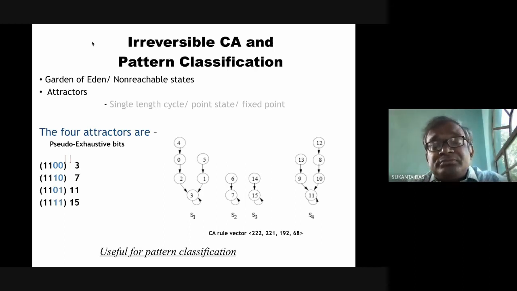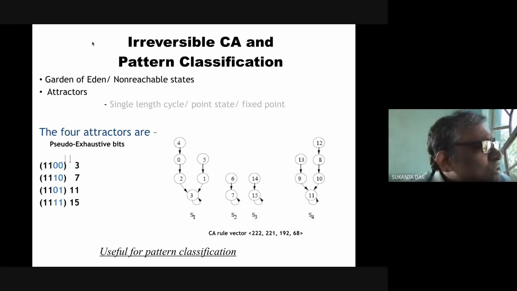So in this way, this kind of irreversible CA, we call multiple attractor. Its name is multiple attractor cellular automata. This CA can be used to classify the patterns as well as recognize the patterns.